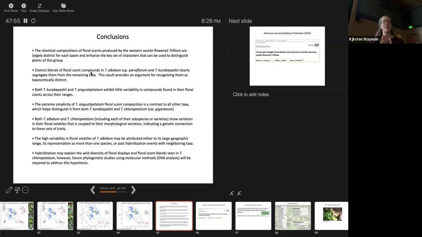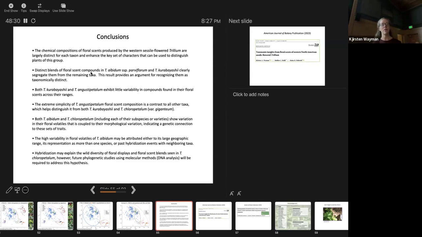It could be that they actually co-occur with all the other species. They co-occur with kerbiaceae, with angustipetalum, and with chloropetalum, depending on where they are. So there could be more than one explanation for why there's variability in Trillium albidum. And then as far as chloropetalum, that high variability in petal color and petal shape, in addition to the high variability in floral scent composition, could be due to the fact that it's a giant hybrid swarm.